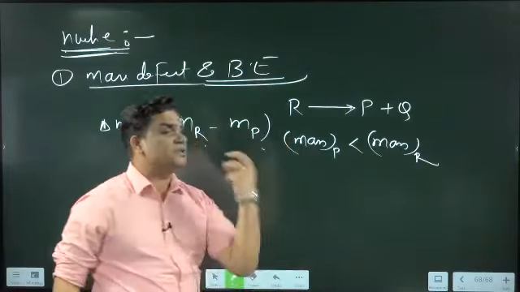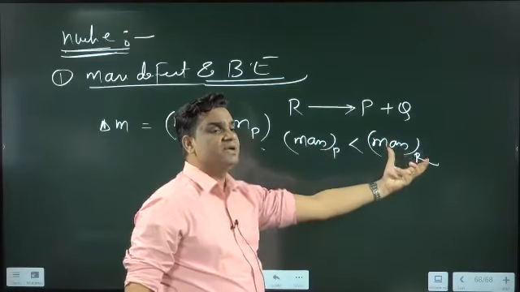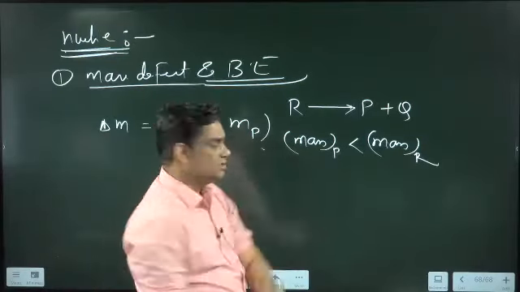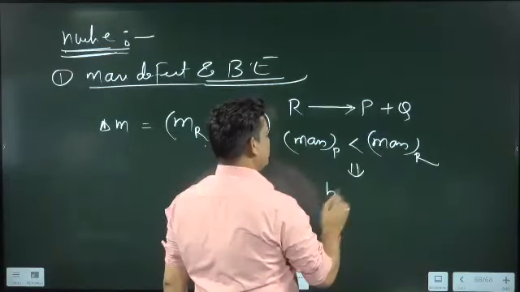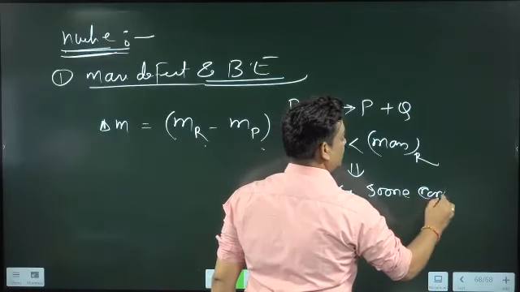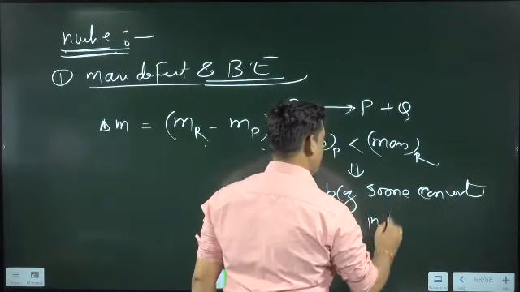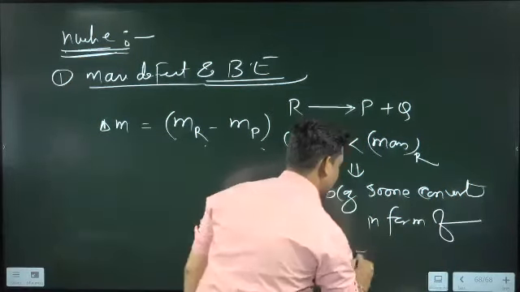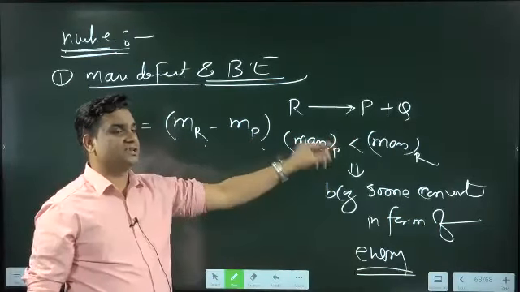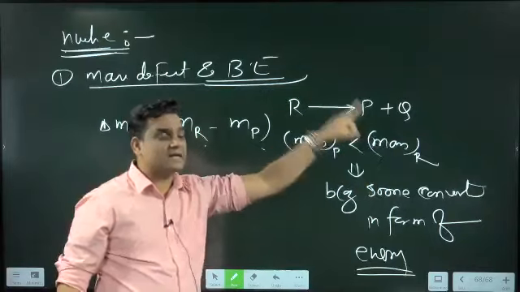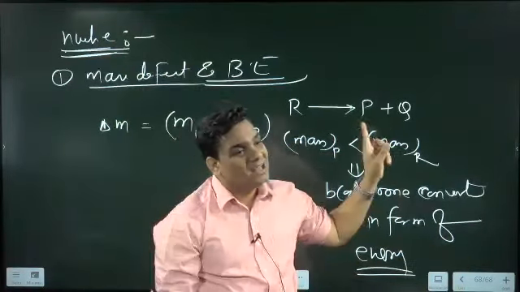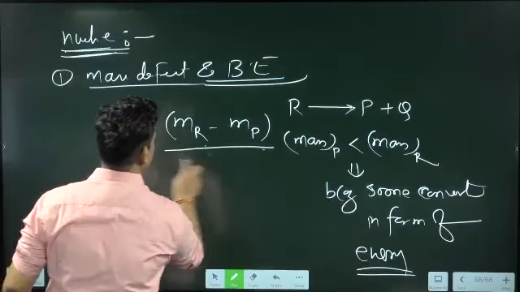Reason being that some mass is lost, so that energy is released. Some mass is converted in form of energy. You have to remember, in any spontaneous reaction, mass of product is all the time less than the mass of reactant. Reactant will be more and product will be less, and always you have to use this relation here.